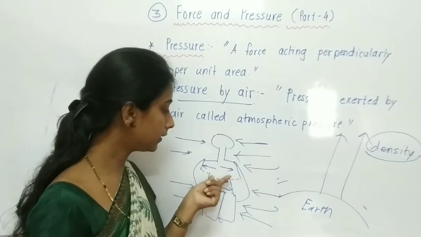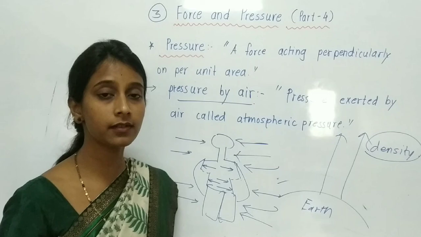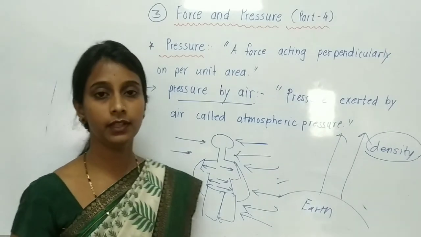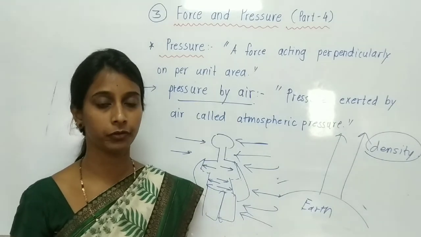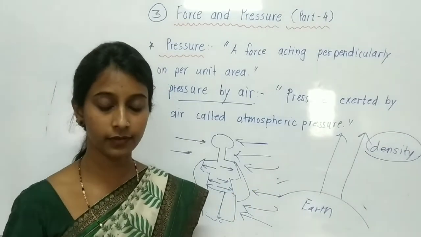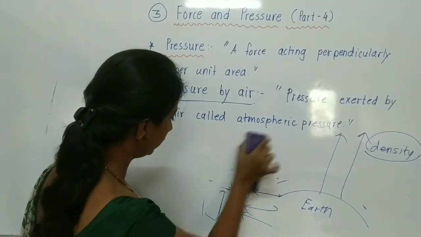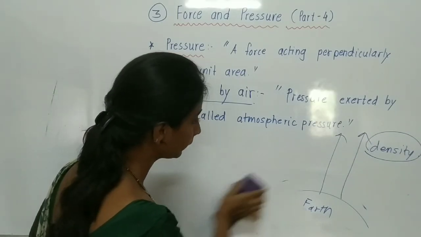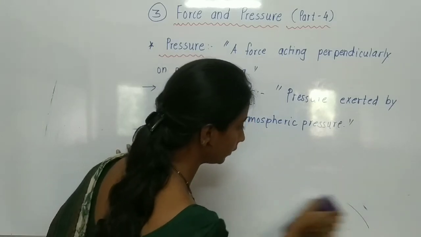Inner pressure is large, outer pressure is very less, and due to that we can face the problem of breathing, or our nose and ears become blocked. That is the reason behind this: pressure exerted by air or gases on all objects present in the atmosphere.